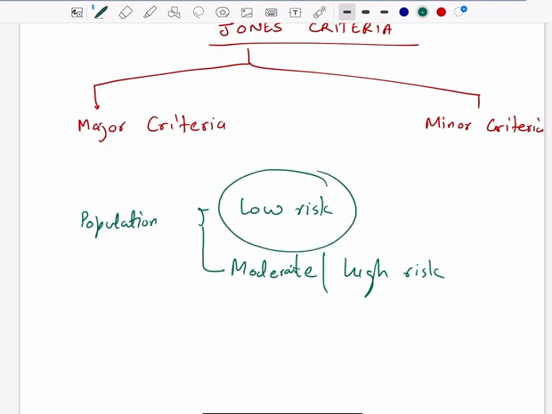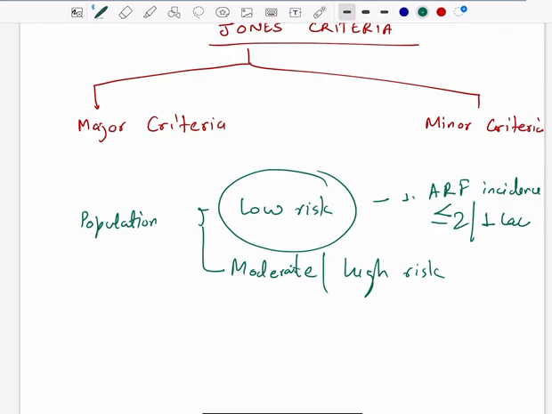Now, a low risk population is one where the incidence of acute rheumatic fever is less than or equal to 2 per 1 lakh. We will remember two things here.